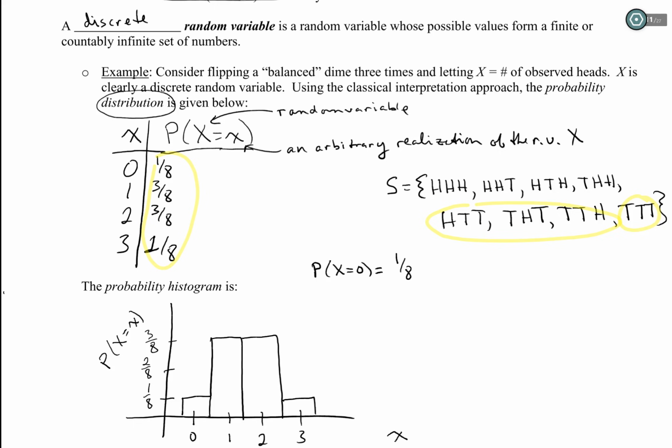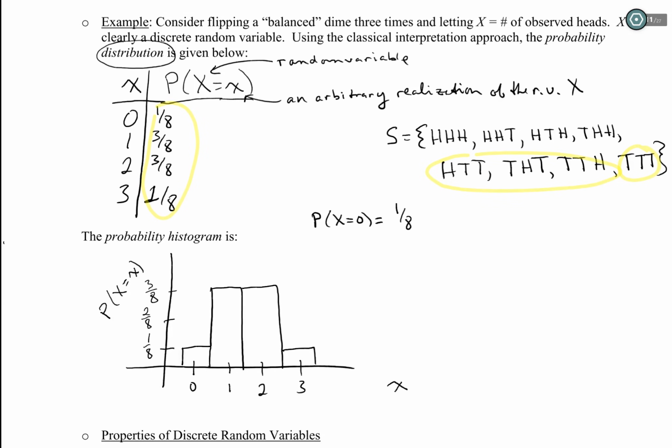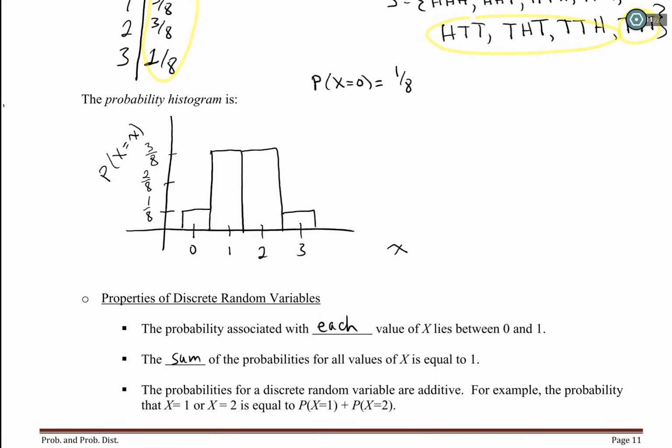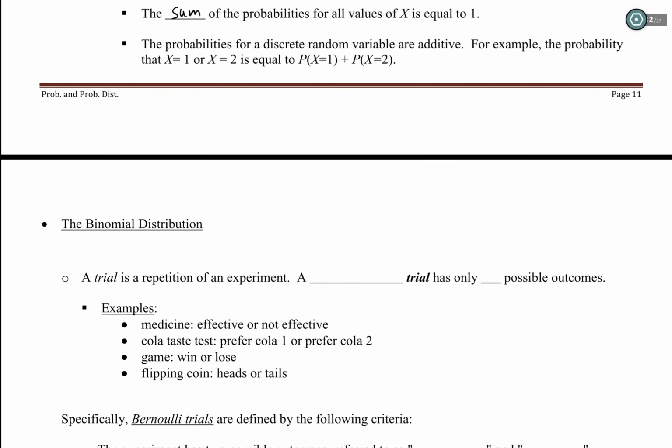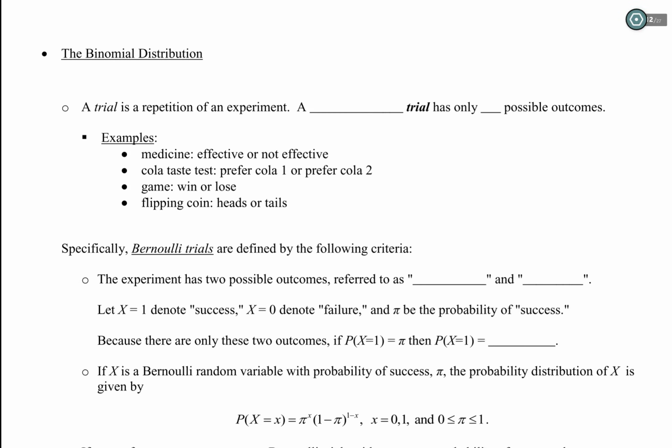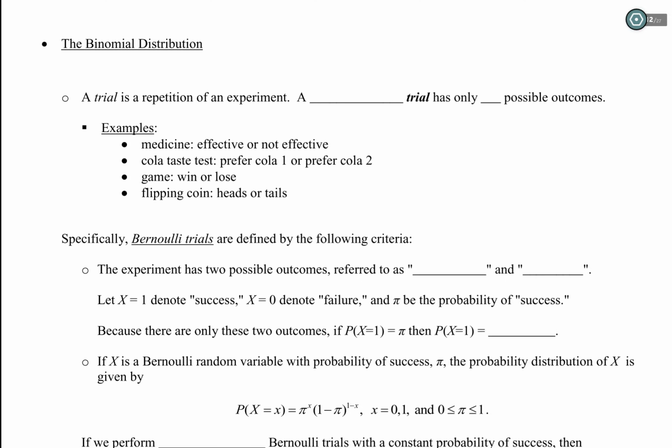From this short introduction, we're going to move to a more lengthy discussion on the binomial distribution, which is a particular discrete distribution.